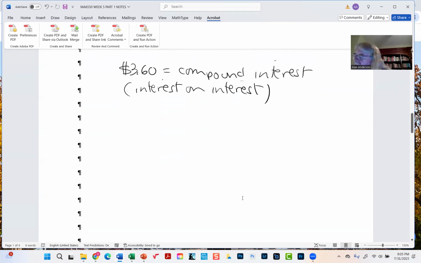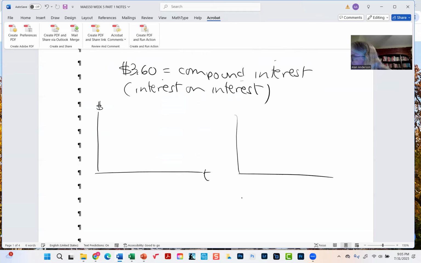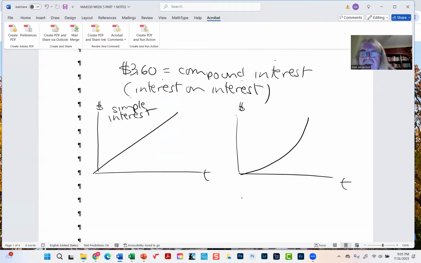Now, what's interesting about these two is that the simple interest grows at a linear rate. And the compound interest, well, you can see it grows very rapidly in later years. It's approaching very quickly exponential growth.